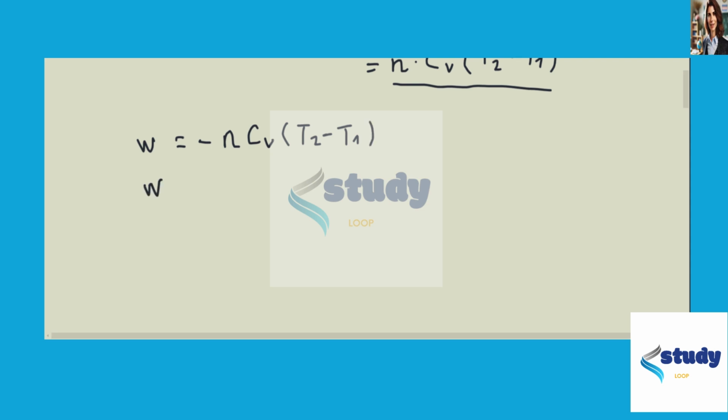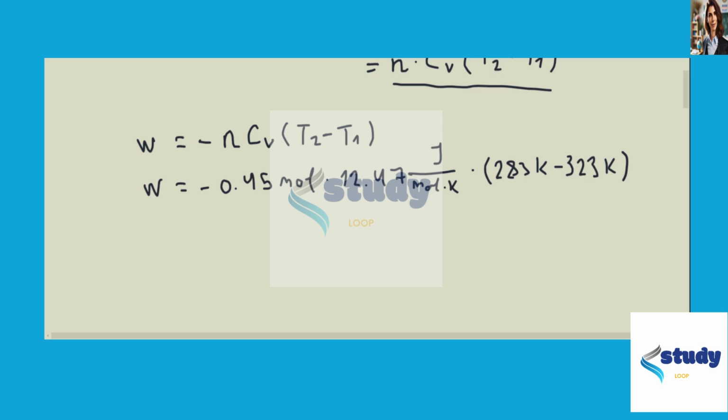Substituting the known values, we have that this is minus 0.45 moles, then times 12.47 joules per mole kelvin, times 283 kelvins minus 323 kelvins.